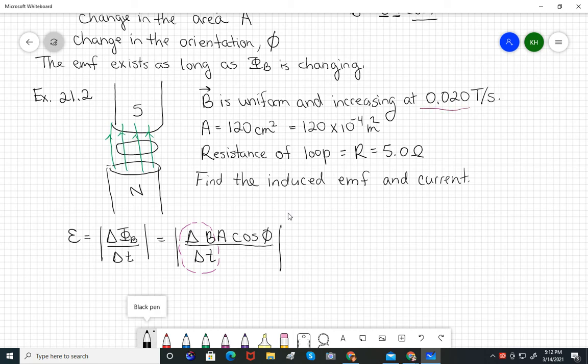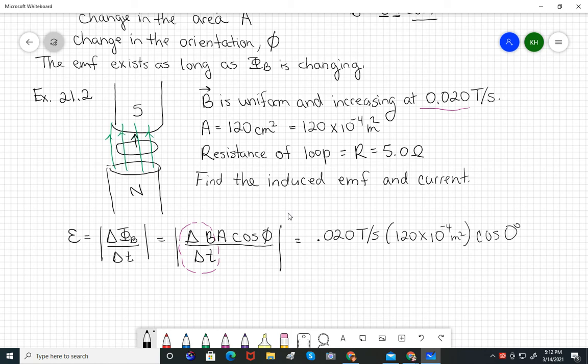So this simply becomes 0.020 Tesla per second, that's a change in B over change in time, times the area, 120 times 10 to the negative 4 square meters, times the cosine of the angle, in this case 0 degrees, because of course our normal would point straight up in the same direction as the magnetic field.